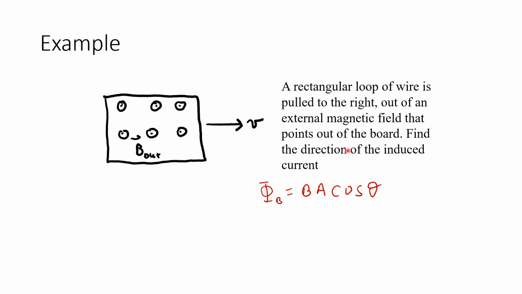If you look back on the previous slide, step number 2 said if the magnetic flux decreases, then the magnetic field produced by the induced current points in the same direction as the original magnetic field. The original magnetic field here is out of the page.